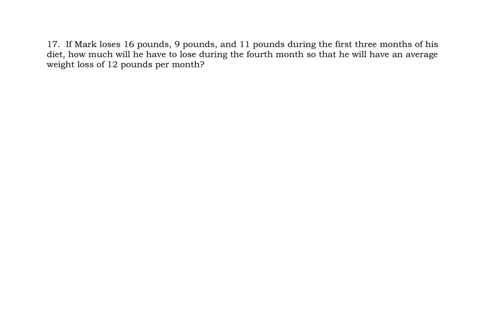If Alice loses 16 pounds, 9 pounds, 11 pounds during the first 3 months of her diet, how much will she have to lose during the 4th month so she'll have an average weight loss of 12 pounds per month? Okay, average. Remember, average is add up and divide by how many, and they're asking for 4 months.